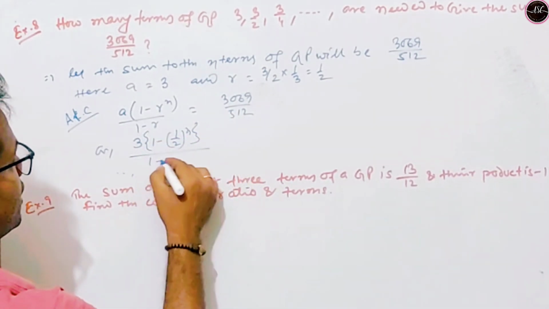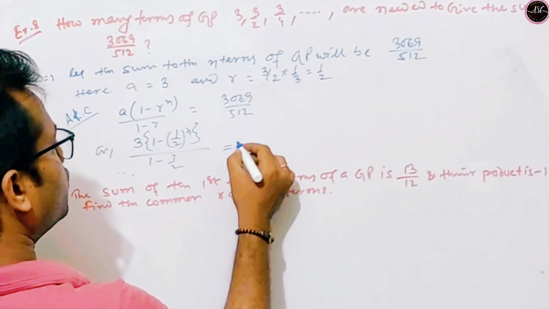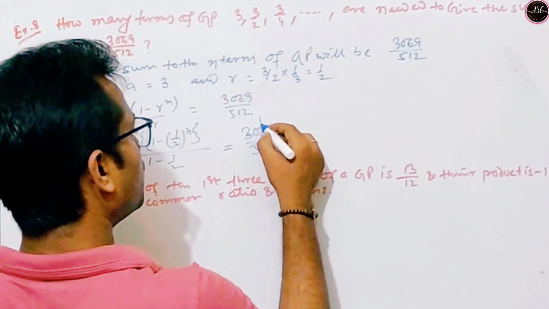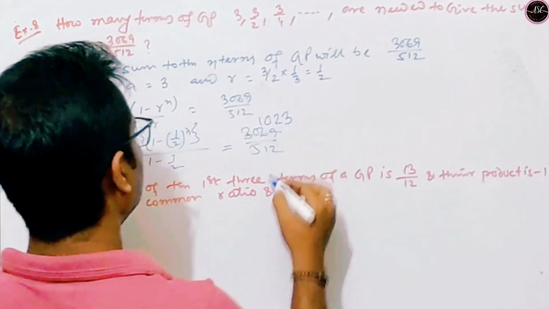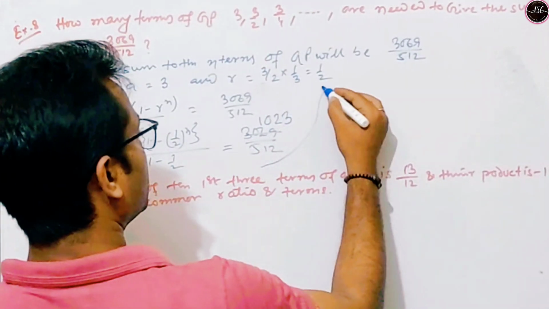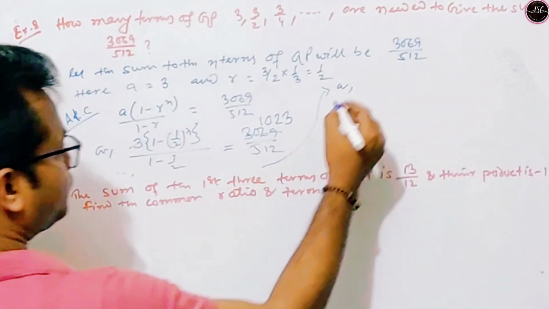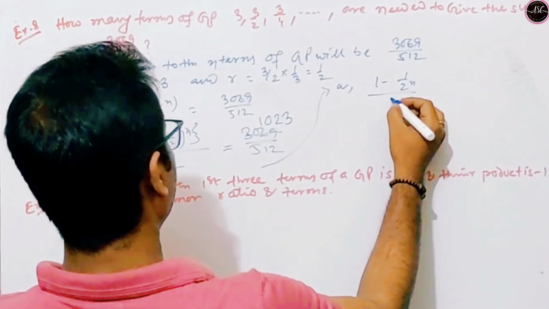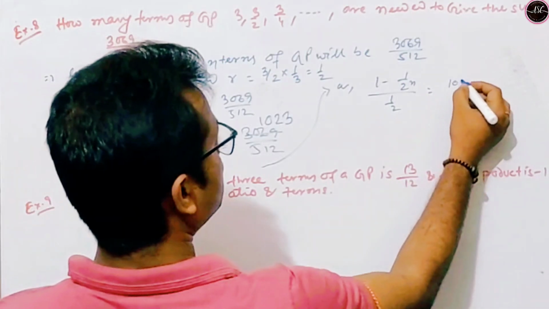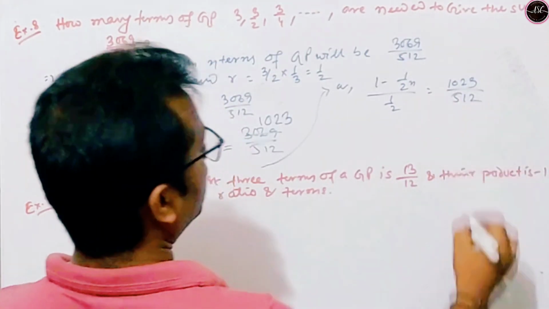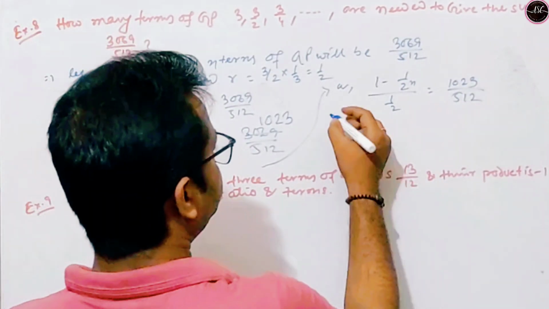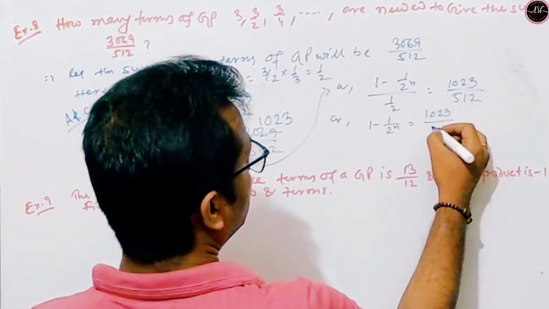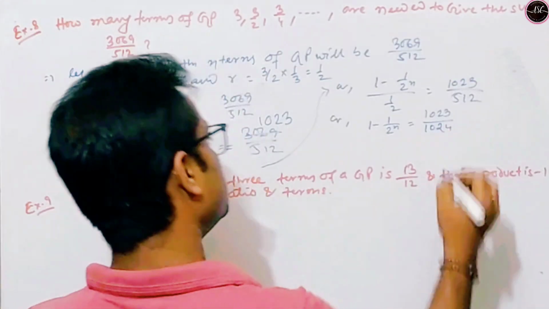Okay. 1 minus 1 by 2 to the power n, equal to 3069 divided by 512. Just cancel out 3, 1023. So 1 by 2 to the n is equal to 1023 into 1024.